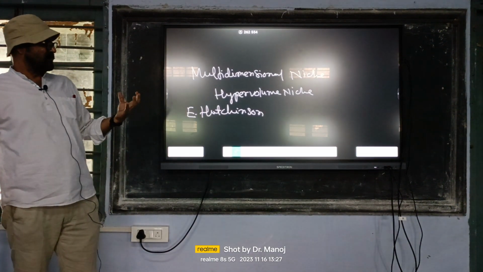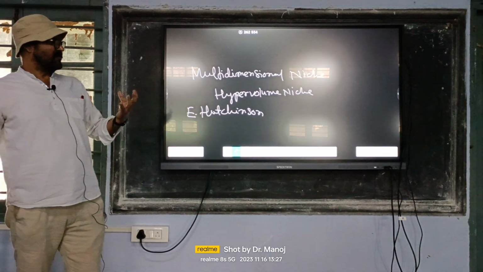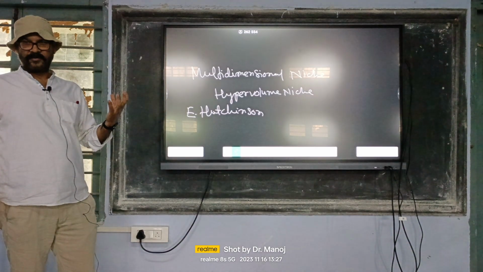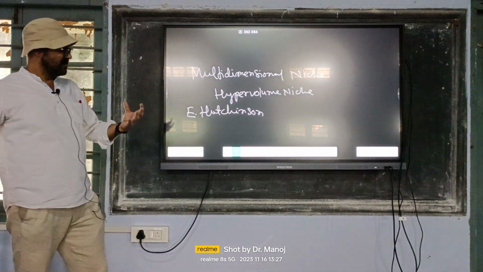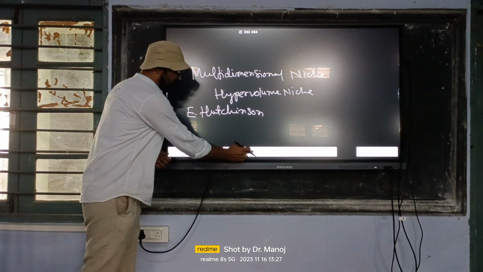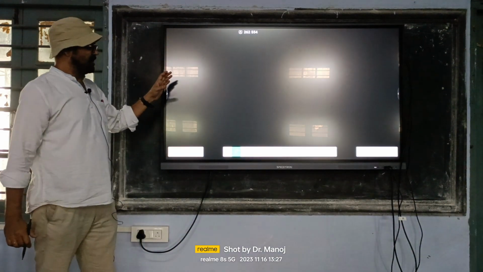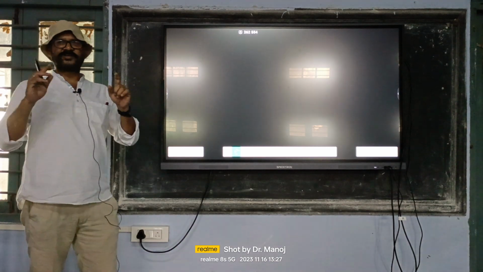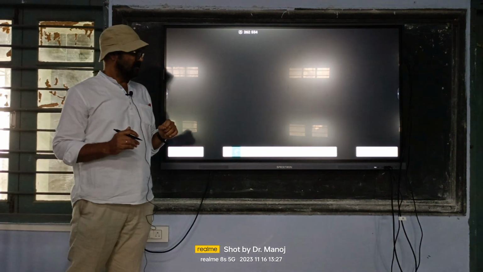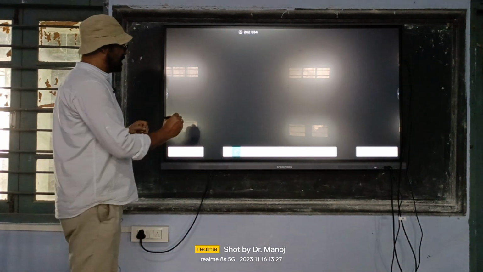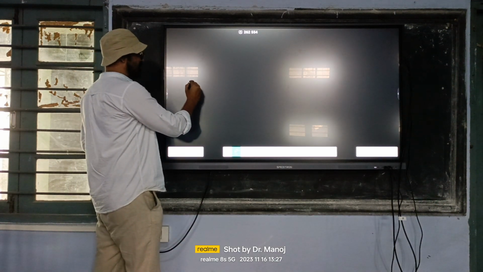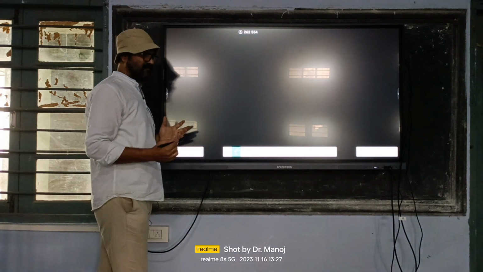A portion of multidimensional space occupied by the organism where it works, grows, and reproduces. And what is hypervolume? Hypervolume is a multidimensional space created jointly by the upper and lower, or maximum or minimum, limits of several environmental variables.